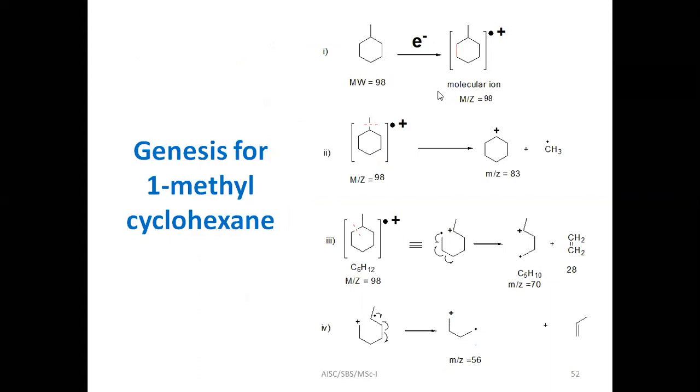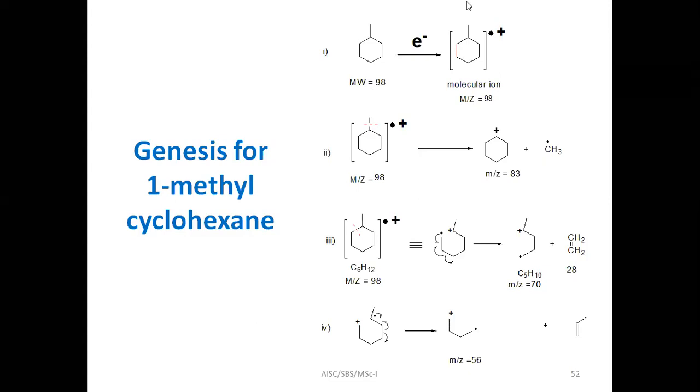One of the electrons is lost from the molecule to give the molecular ion peak M plus dot. This has molecular formula C7H14. So C7H14, 7 into 12, 84, plus 14 hydrogen, 84 plus 14, you will get 98. So m/z for the molecular ion peak is 98.